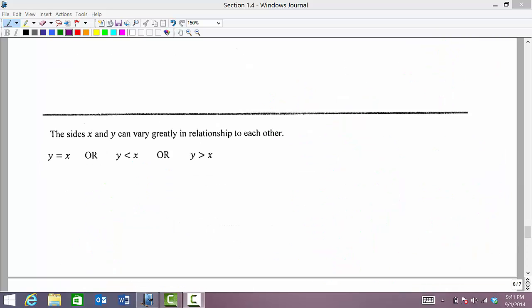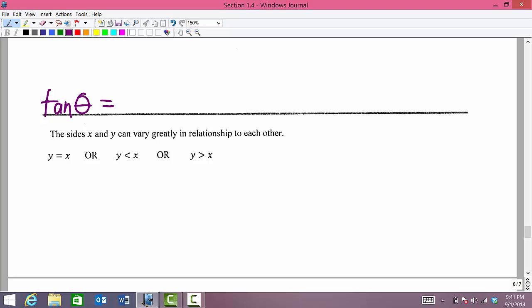Now when it comes to discussing the range of tangent and cotangent, tangent is y divided by x, and cotangent is x divided by y. Now, this time we do not have a restriction on which one can be larger and which one can be smaller.